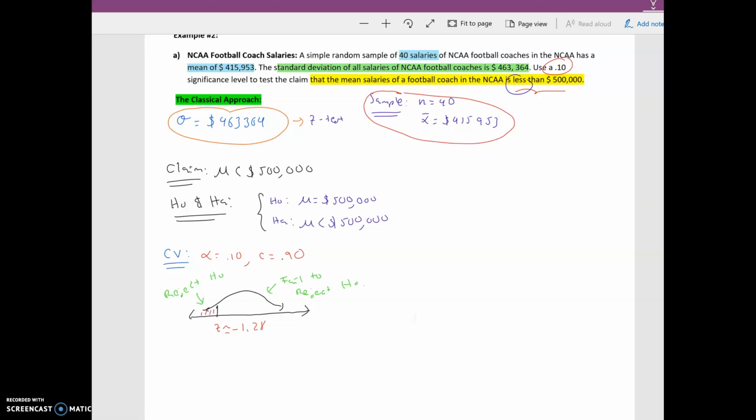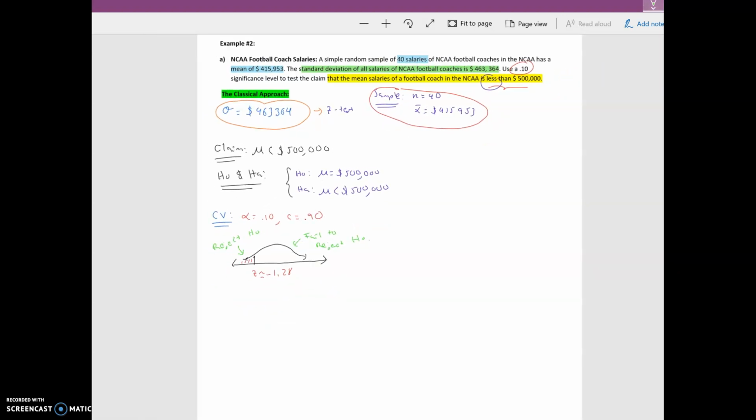So take a second and let's do the calculation for the test statistic. As we do the calculation, we're looking at the sample. The test statistic is going to be a z-value of x bar minus mu divided by sigma over the square root of n.